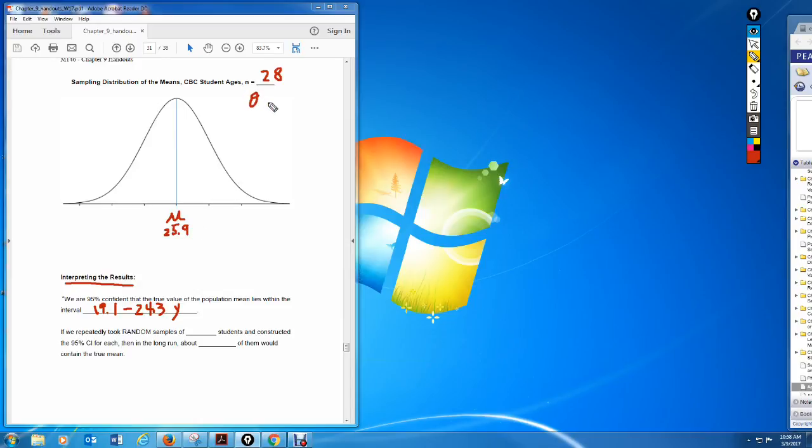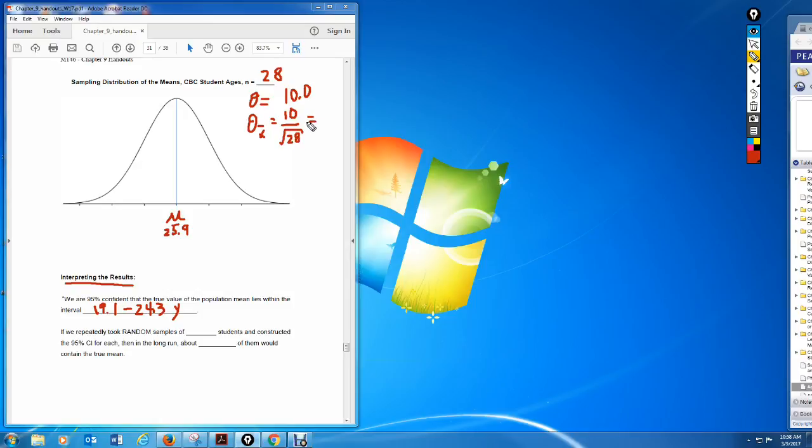The true value of the population standard deviation sigma is 10.0. And therefore, the standard deviation of this sampling distribution, sigma sub x bar, is sigma, which is 10, divided by the square root of the sample size, which is 28.